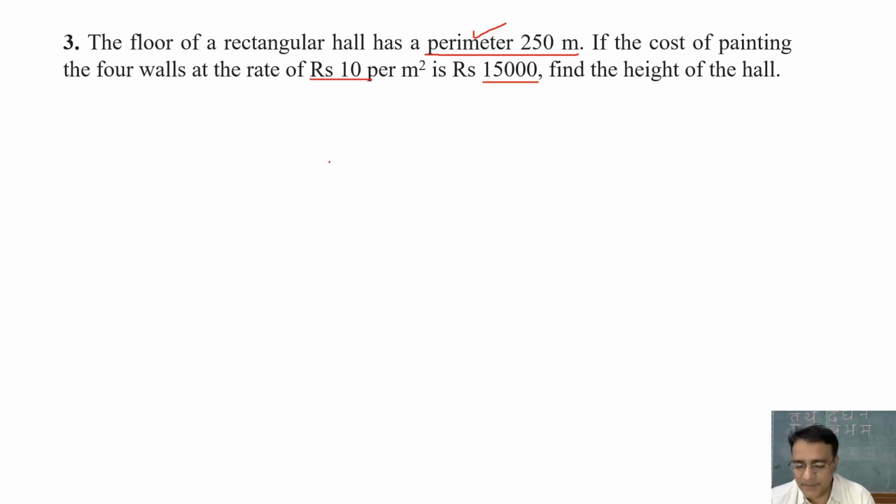So एक क्वेश्चन मैं पूछ रहा हूं. सपोज रेट दिया हुआ है, ध्यान से देखो. The rate is given rupees 10 per meter square.